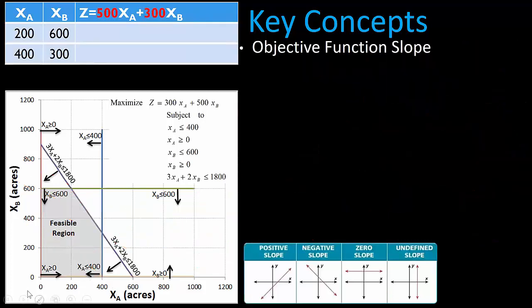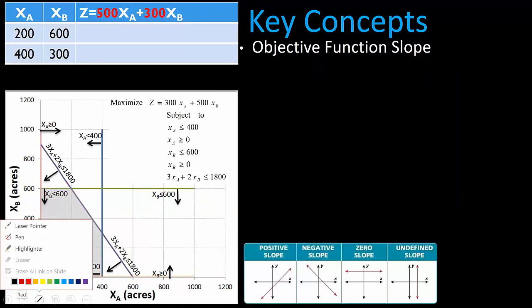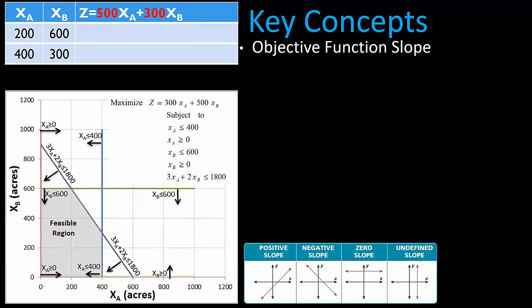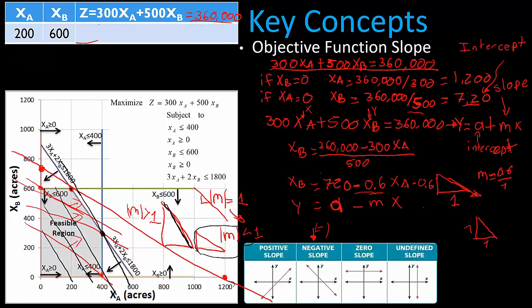So if we try it quickly, what I've done here is that rather than being 300 times XA plus 500 times XB, I'm actually switching this. And by switching this, I'm putting the slope with the absolute value greater than 1. So that's what I'm doing here.